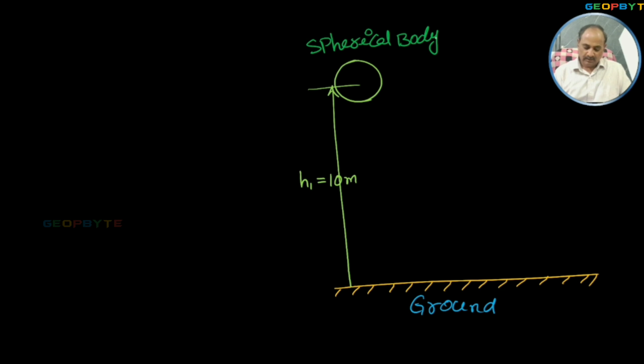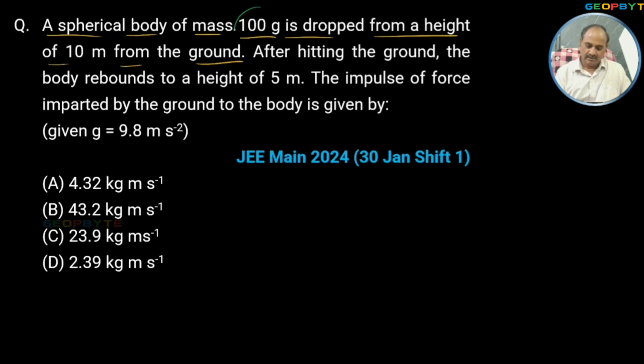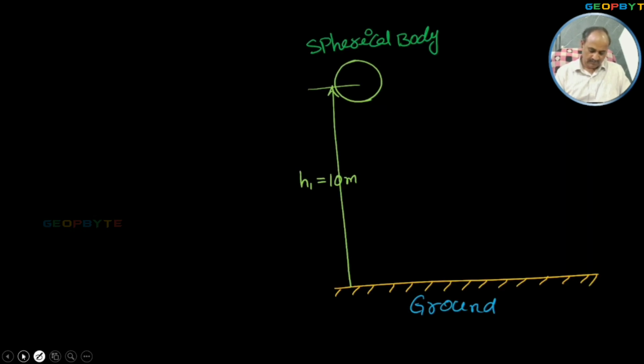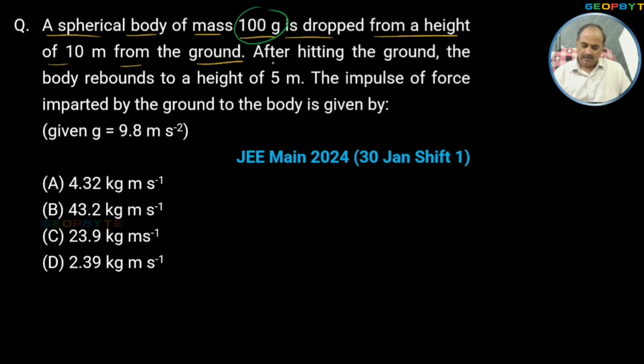The mass of the spherical body is also given as 100 grams, equal to 0.1 kilogram. Then after hitting the ground, the body rebounds to a height of 5 meters.